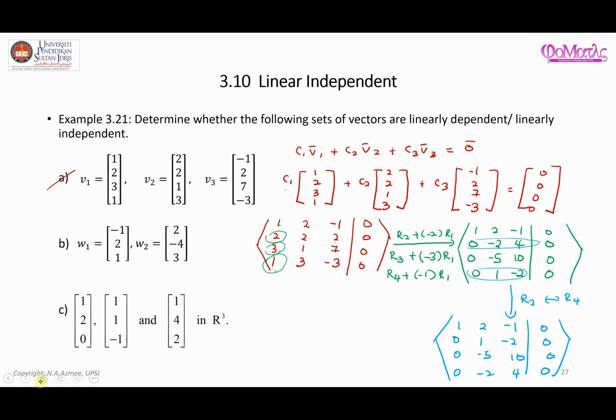What I'm going to do next is I'm going to change this to be 0. Okay, so the operation that I will consider is row 3 plus 5 times the second row.